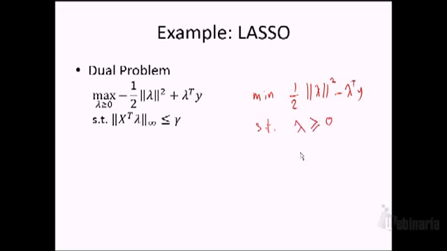So this becomes 0 and x transpose lambda I is greater than or equal to lambda, and x transpose lambda minus x transpose lambda I is less than or equal to lambda.